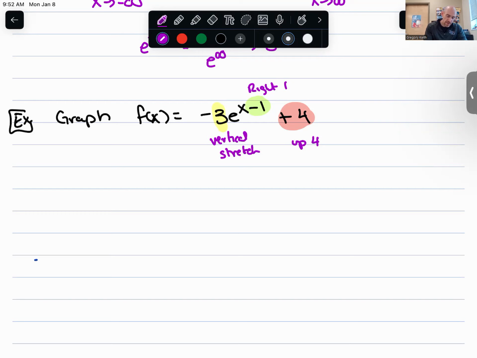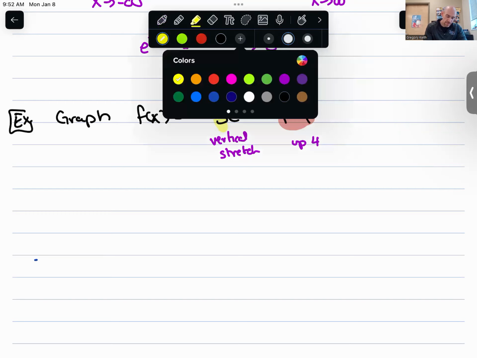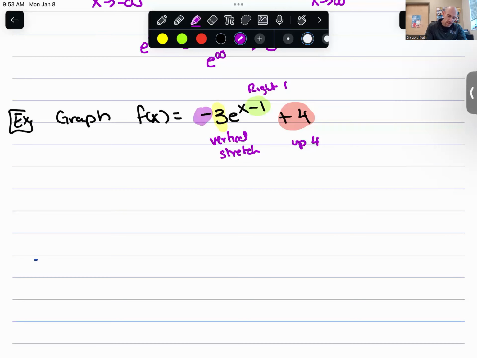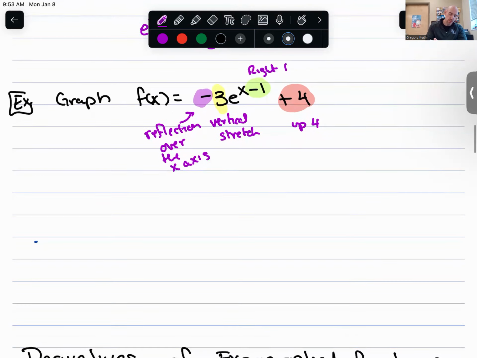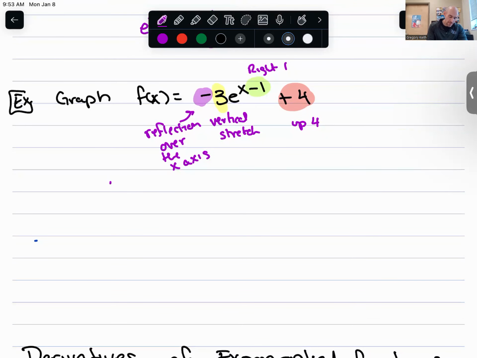And our negative, all right, that negative is going to make it do a reflection over the x-axis. Okay, so we have all of our different pieces. We just got to do a quick sketch with this. We're not too concerned about it being perfect, but we got to know where it actually is, and that's the key here.